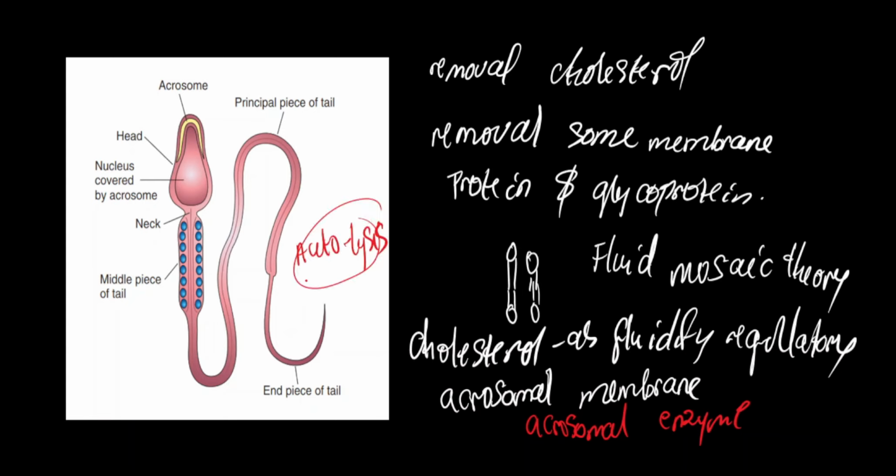So this is very important. Once it gets to the female reproductive tract, then capacitation takes place, giving the sperm cell the capacity to fertilize the oocyte.